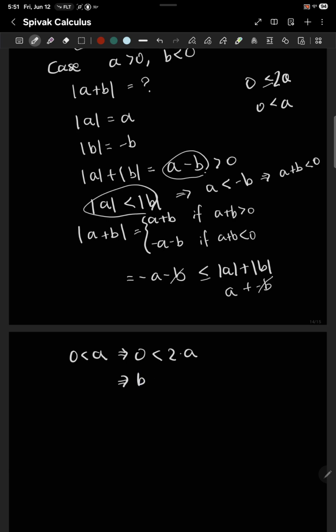Wait a second. Yeah, we can do plus minus b on both sides because they're the same.